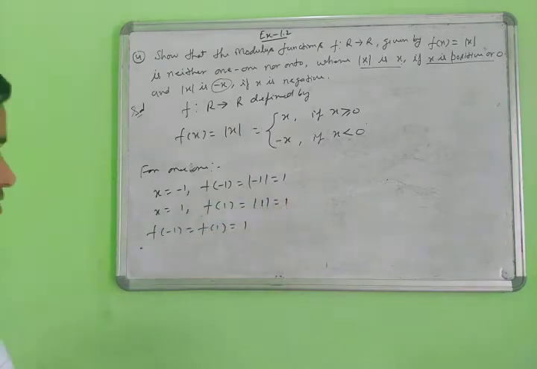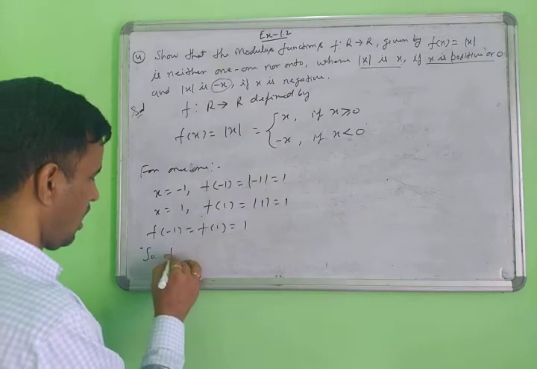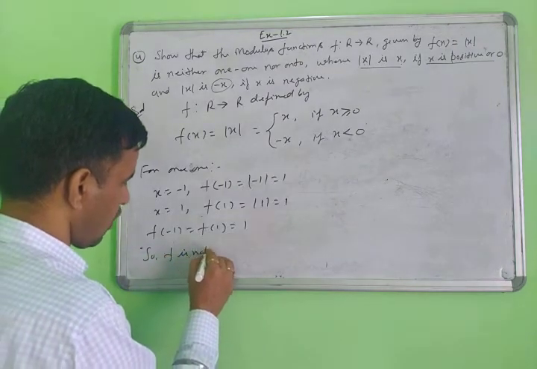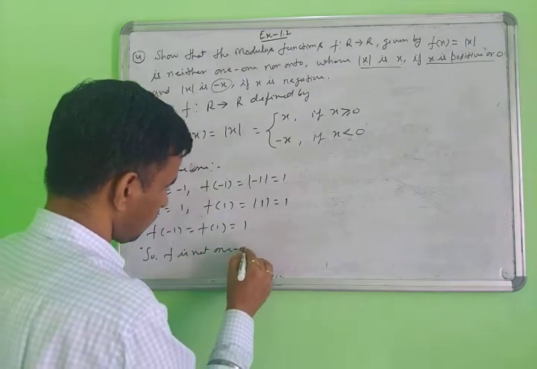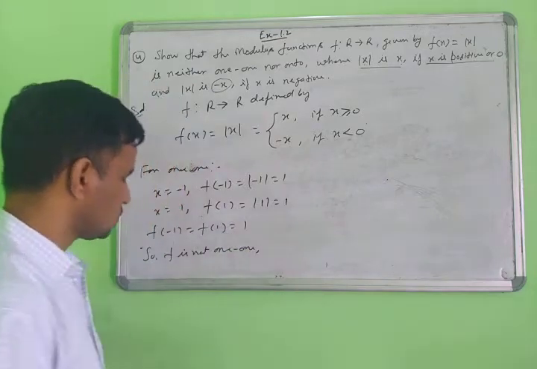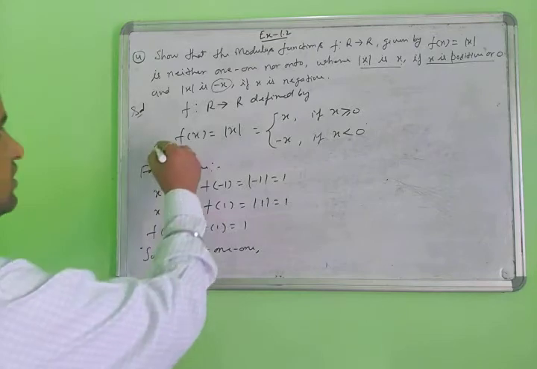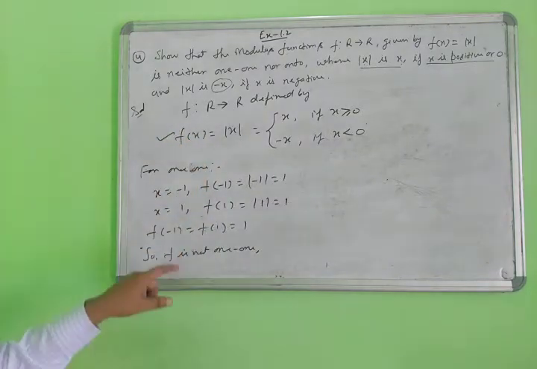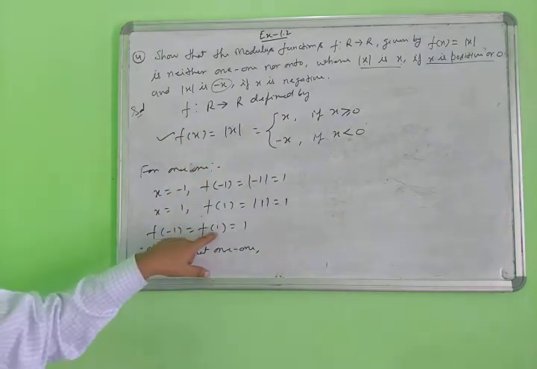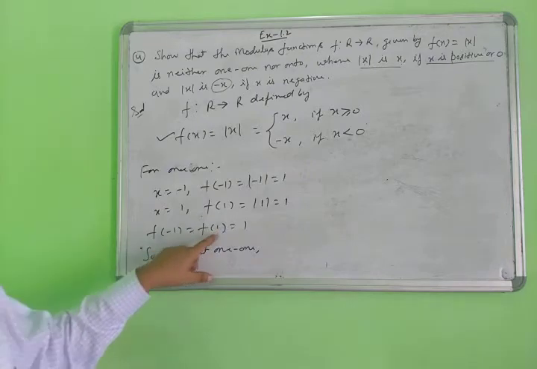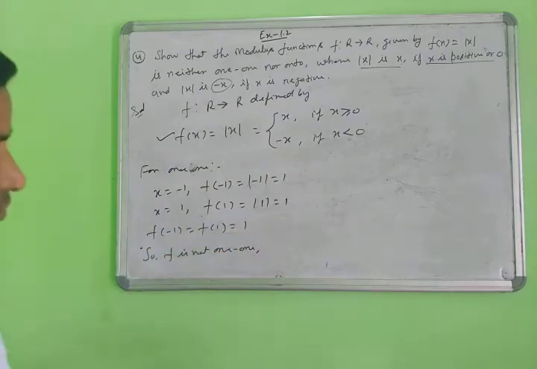So f is not one-one. This function is not one-one because minus 1 and plus 1 both have the same image in the codomain.